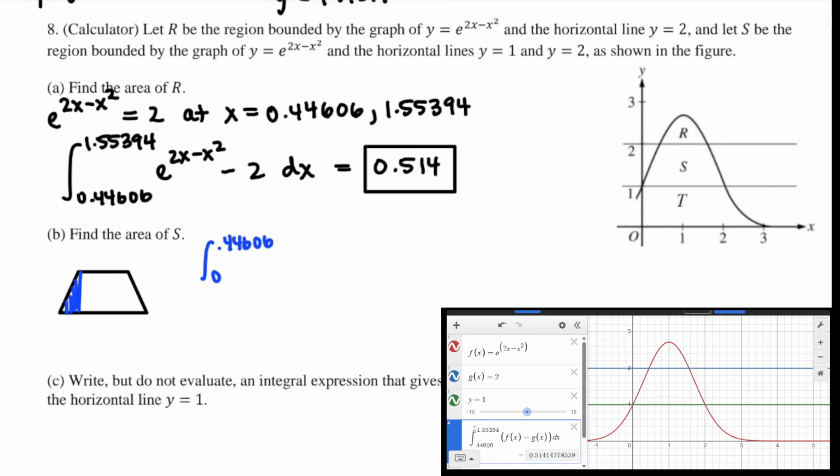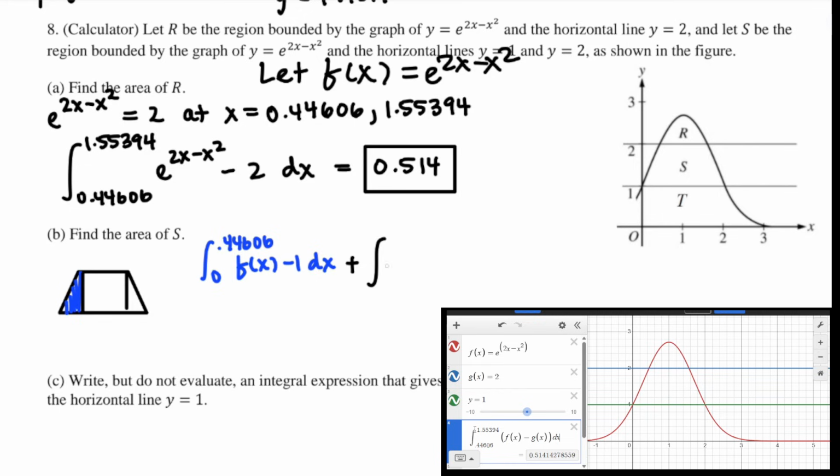But I'm going to be very clear over here. Let f of x equal e to the 2x minus x squared, just for my own sake right here. All right, top would be f, bottom would be 1. f of x minus 1 dx. Then I'm going to have a rectangle in here, but I'm just going to do top minus bottom as an integral.